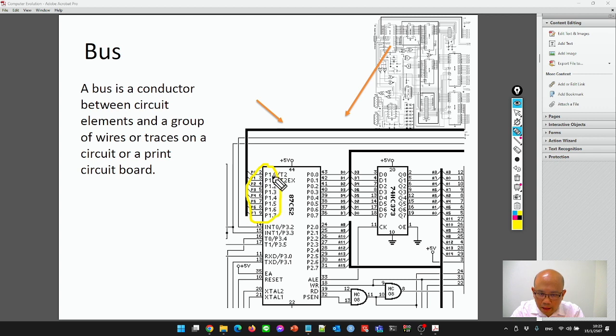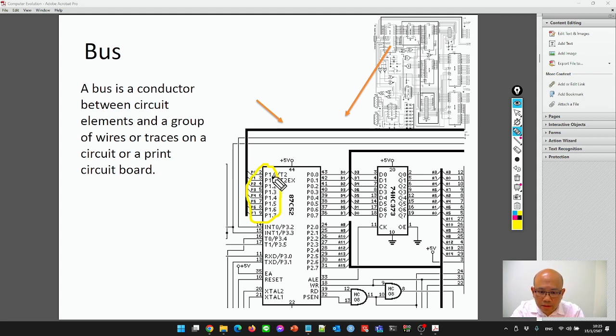This is 8 pins, which represent 8 cables. When drawing the circuit in computers, I can draw the 8 cables connected to the circuit, but this is difficult or complex for users to understand and check the cables.